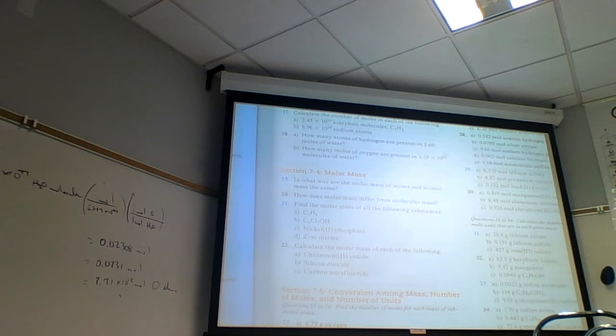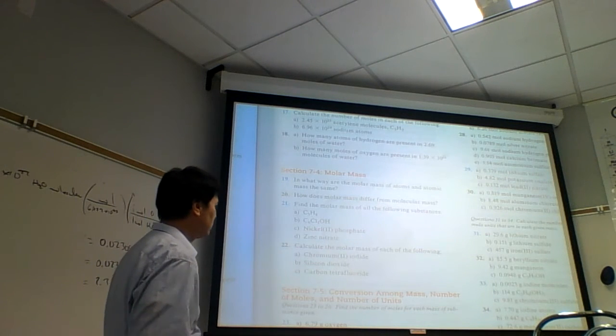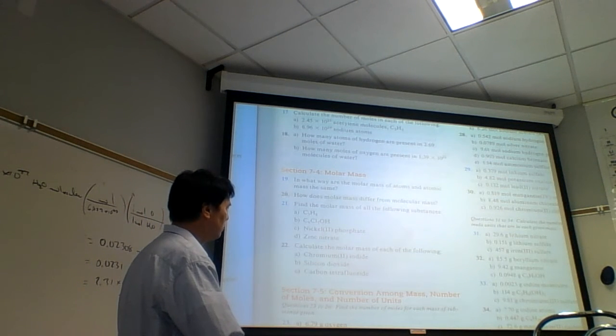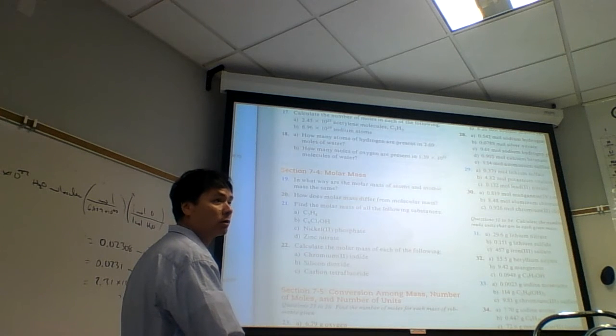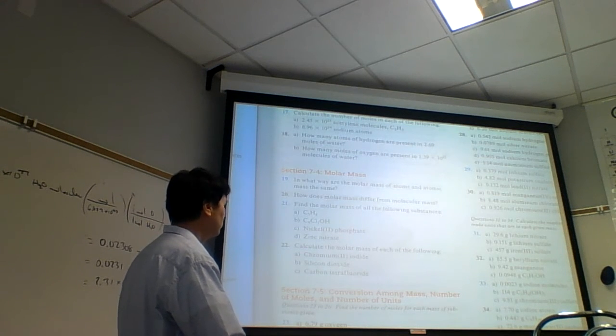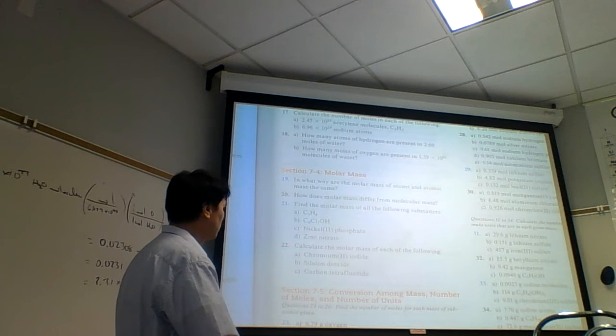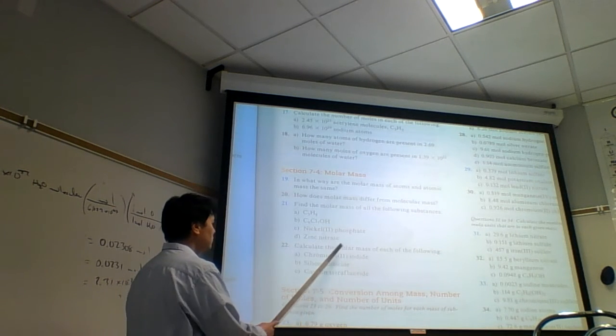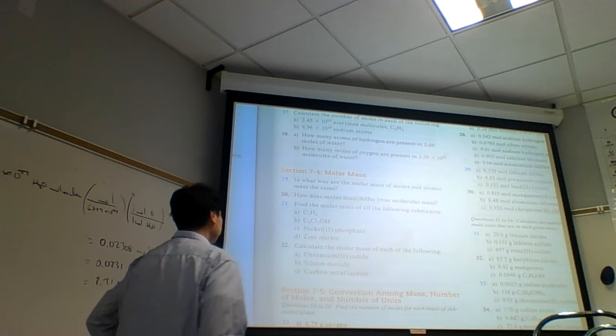It's actually brilliant, the whole thing. And really, you've got to sit there and sort it out mentally to see how that works, because it is incredibly useful. Calculate the molar mass of each of the following: chromium(II) iodide.